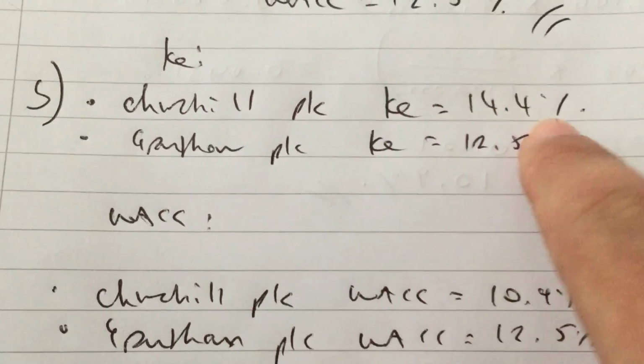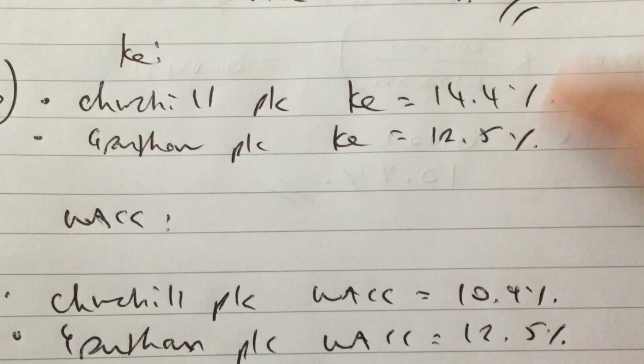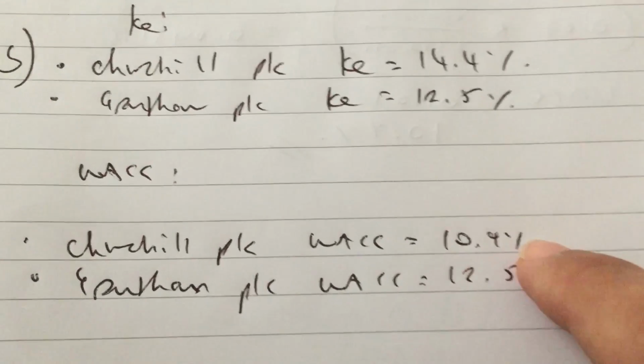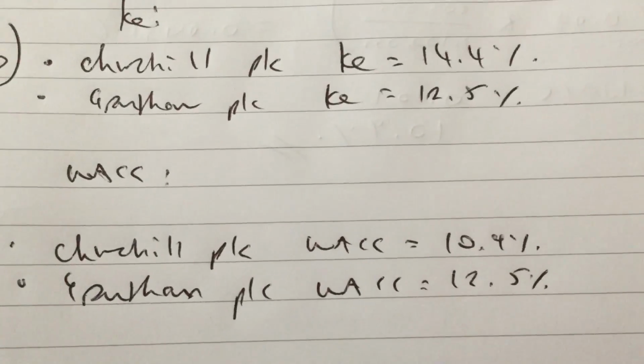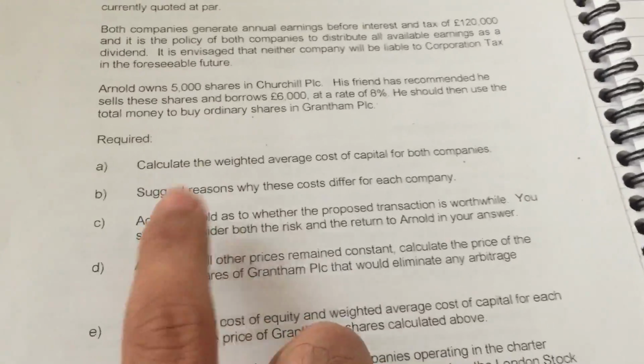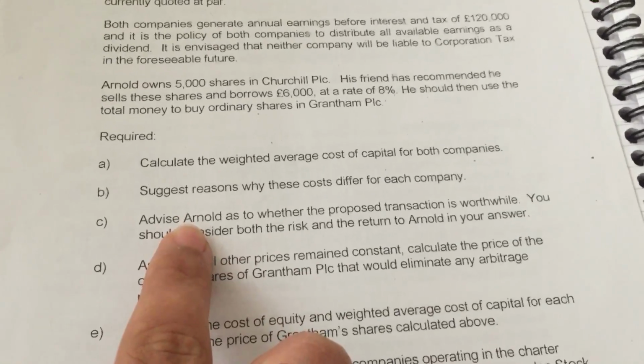Cost of equity is higher because borrowing is high risk, but your weighted average cost of capital is lower because it's cheaper to borrow. If you're entirely equity financed, it's more expensive. And that's basically questions A and B. Question C is probably the next video; it's a bit longer and kind of complicated, but it should be okay.